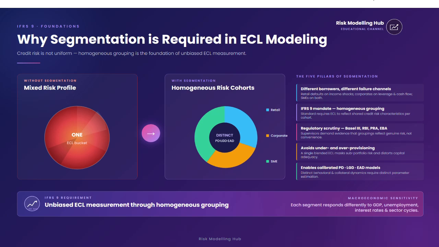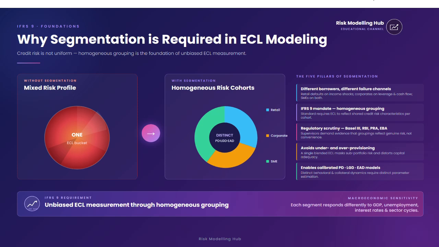So basically, the problem is that credit risk isn't uniform across all the borrowers. When you mix different types of borrowers together, you get a distorted picture of credit risk. And that's why segmentation is essential for accurate expected credit loss modeling under IFRS 9. Without segmentation, you would have mixed risk profiles. Imagine throwing all your customers into one bucket.